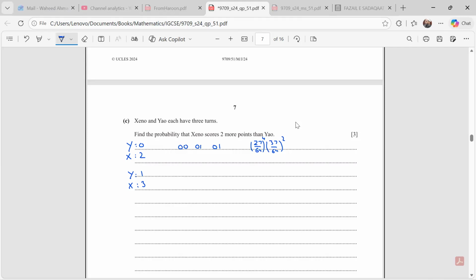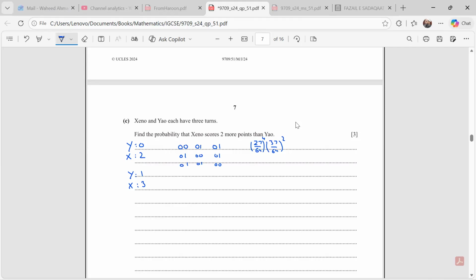Now this is not the only possibility. The others are 0 1 0 0 0 1, and the third is 0 1 0 1 0 0, right? So these three things are possible: when they start playing in the first turn, none of them gets anything; in the second turn, Zeno gets 1; in the third turn, he gets 1 again.